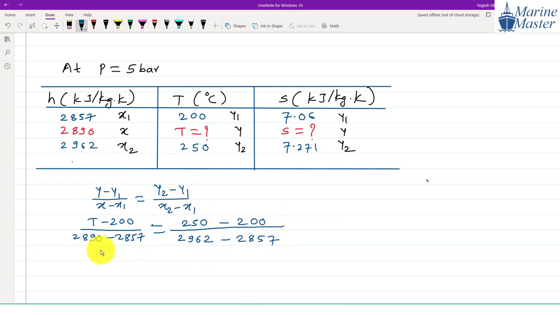And if you solve this one, guys, we will get the value of temperature. Everyone try to solve this by yourself. In place of temperature, put an X in your calculator and use shift solve. You will get the value of X, guys.